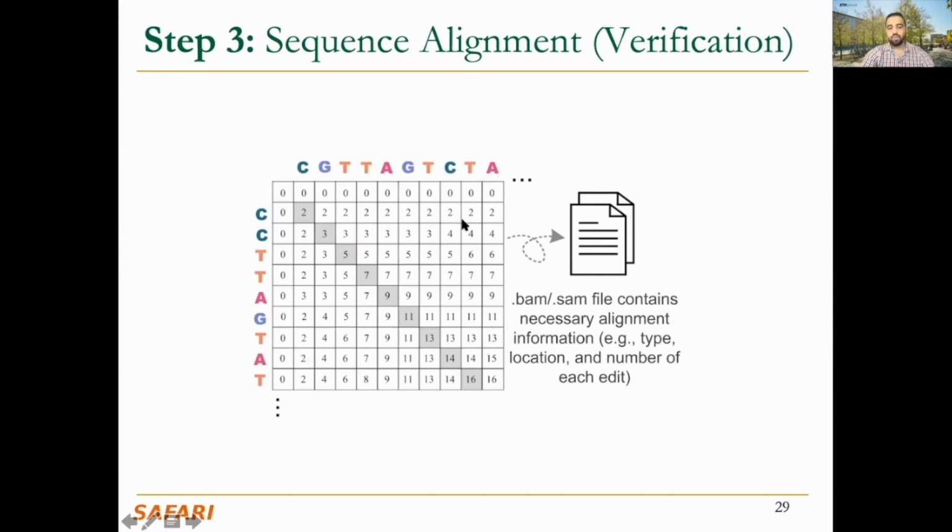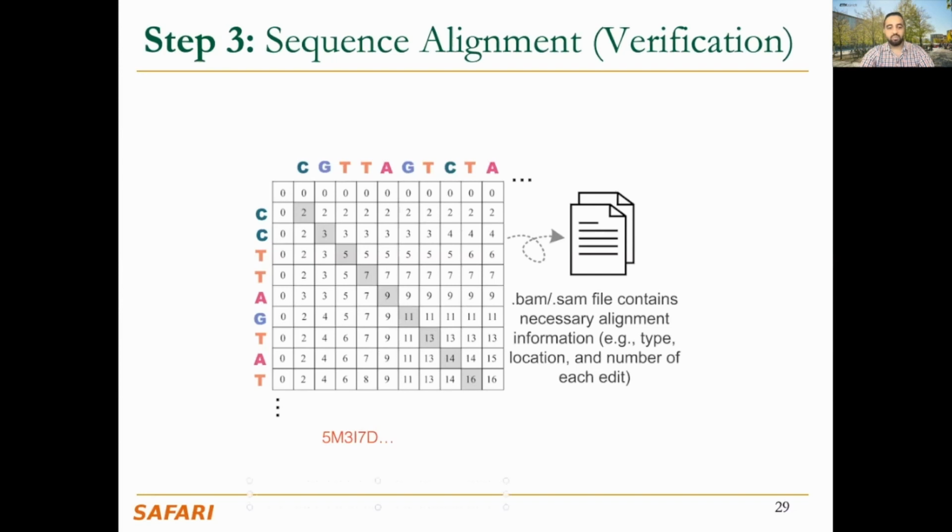So the algorithm will tell you the series of operations that you need to perform on one of the sequences so that you make the other very similar to the first sequence. For example, it will tell you something like this: 5M, 3I, 7D, and so on. This is the output of such an algorithm, which we call CIGAR string.